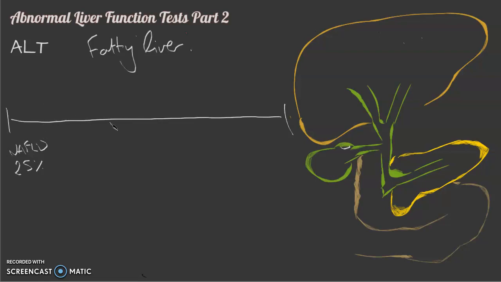But over time, in some people, it can progress to something called NASH, which is non-alcoholic steatohepatitis. That's a bit more inflammation, a bit more progression of the condition. Eventually that can also progress to NASH cirrhosis, where there's more fibrosis and inflammation within the liver causing cirrhosis.